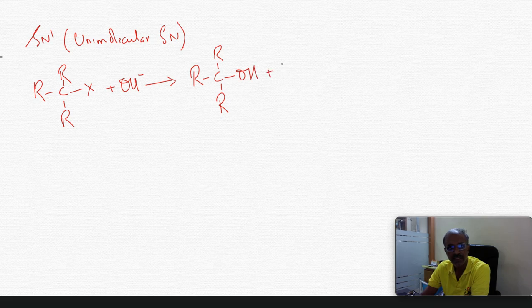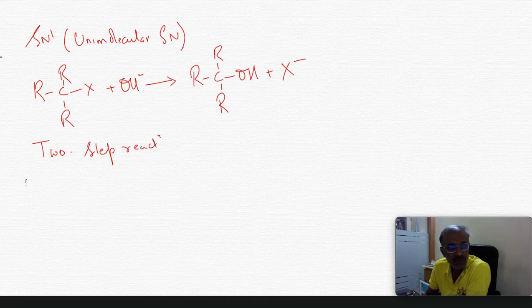Plus X minus. I hope you are able to hear me and you can understand now. Basically this is a two-step reaction. It's a two-step reaction.